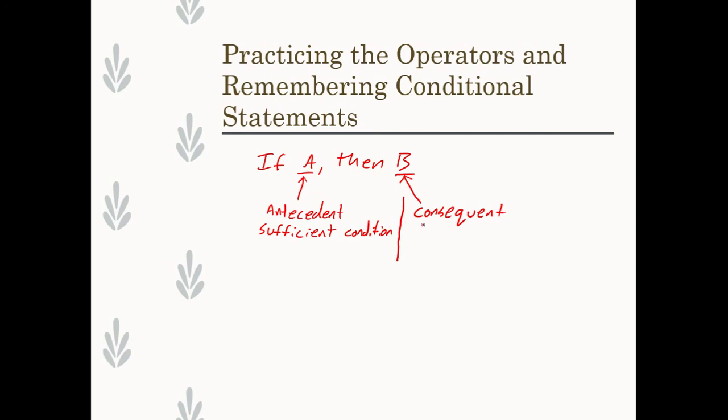For consequent, the other word for that is necessary condition. Sufficient condition means it is good enough to make the other thing happen.